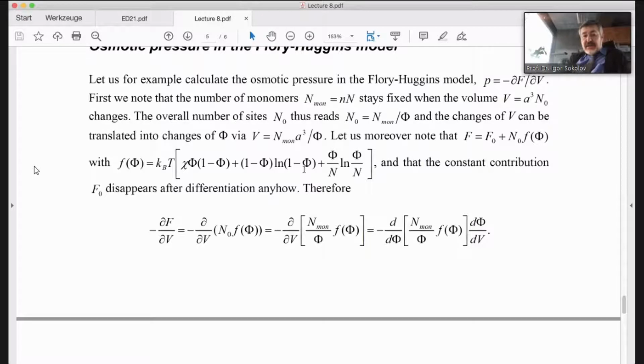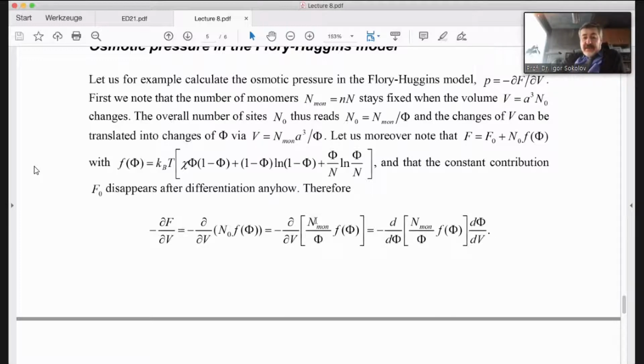It does not contain any general properties of my system. It only contains this phi, and then I take a derivative of this, which would be a number value of the free energy per site in my system with respect to the volume. And what I do here, I use the formula of the differentiation of a composite function.